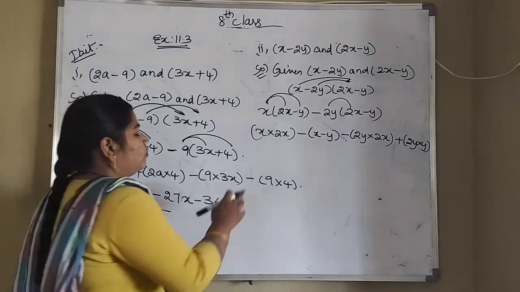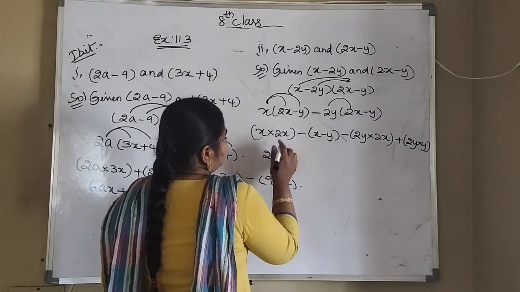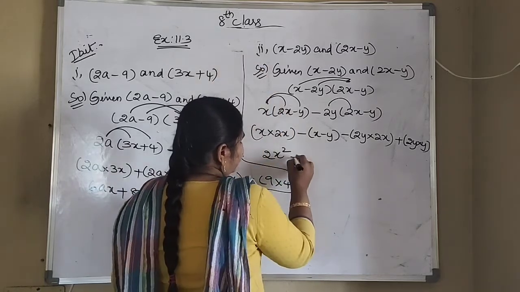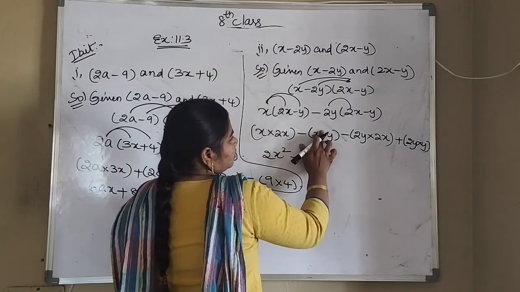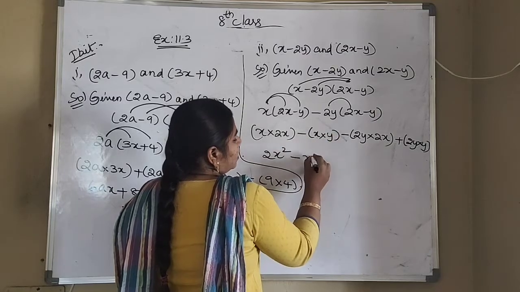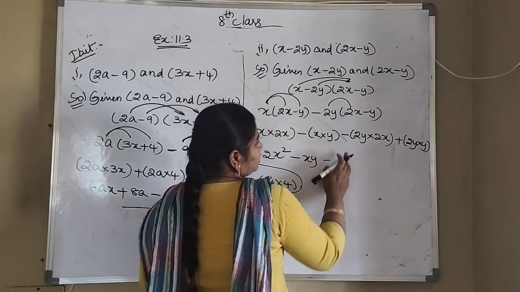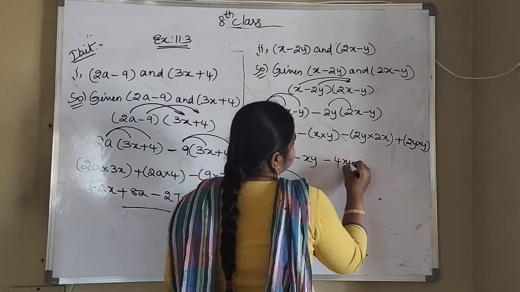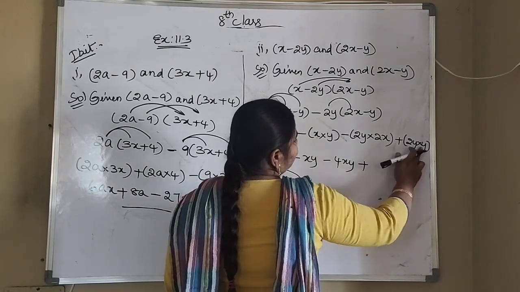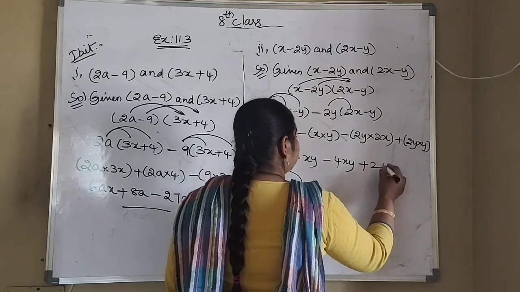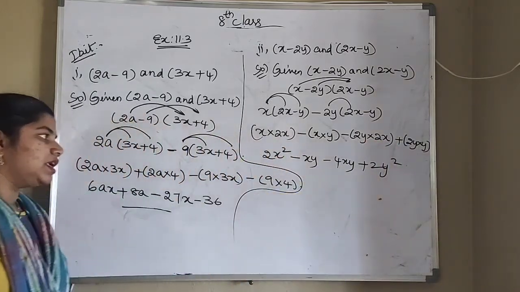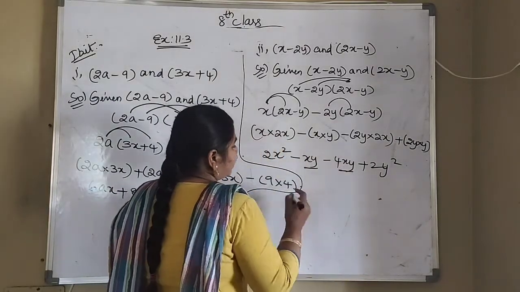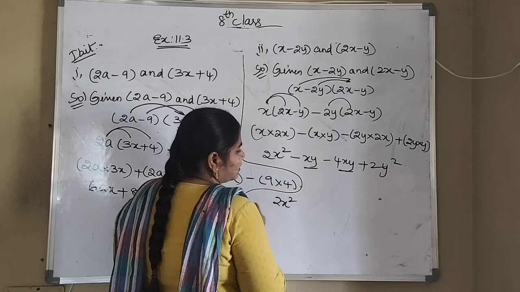Now 1 2s is 2, x into x is x square, minus x into y is xy, minus 2 2s are 4, y into x is also xy, plus 2 1s are 2, y into y is y square. Now which terms are like terms here? These two are like terms, so the remaining terms you write as it is. So 2x square as it is.